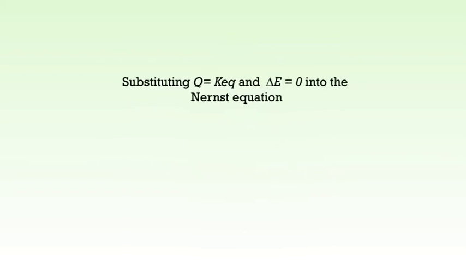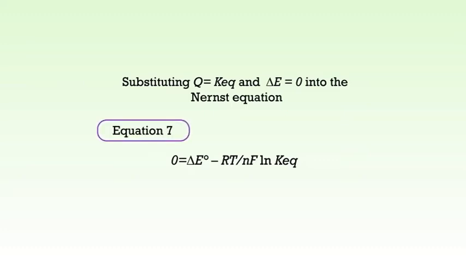Therefore, substituting Q equals Keq and ΔE equals 0 into the Nernst equation, we have 0 equals ΔE naught minus RT by nF ln Keq. Let's call this equation number 7. At standard conditions, equation number 7 simplifies into 0 equals ΔE naught minus 0.0592 volts by n log Keq.